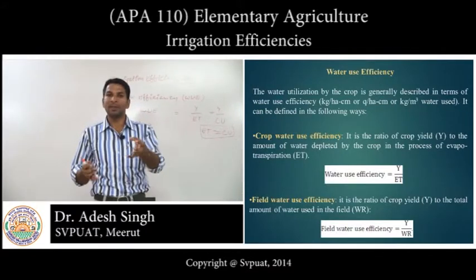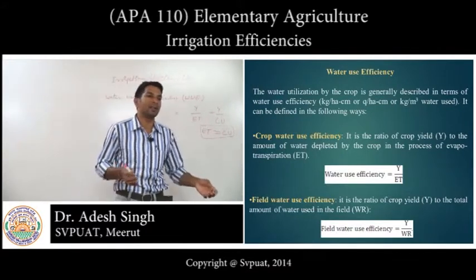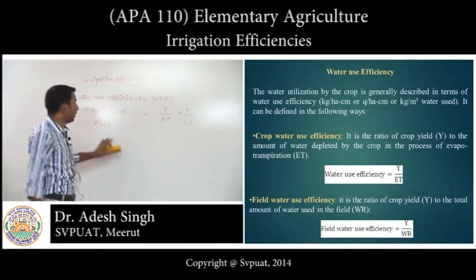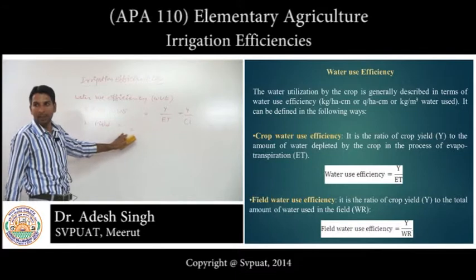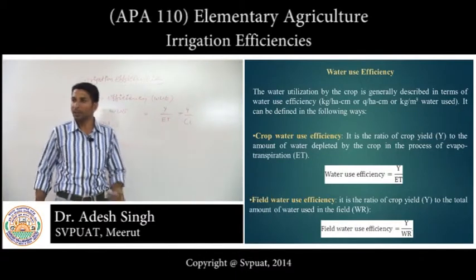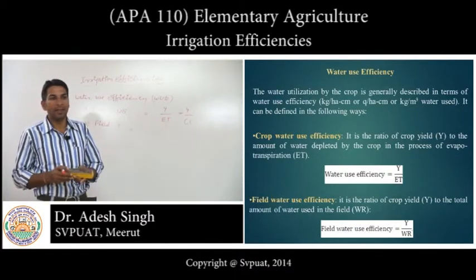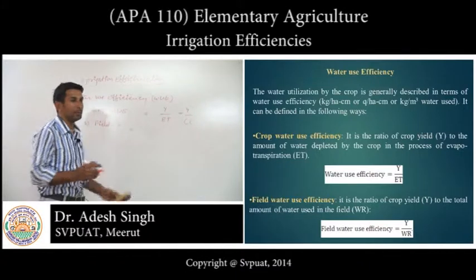Then the field water use efficiency is expressed as the ratio of the economic yield to the water requirement of the crop.